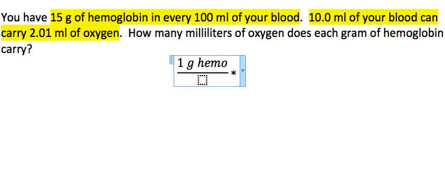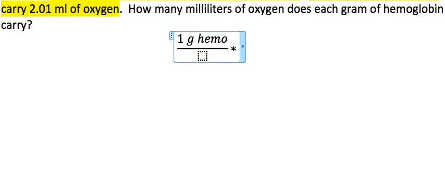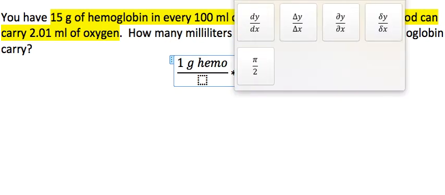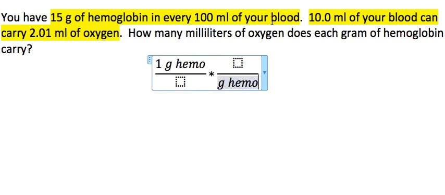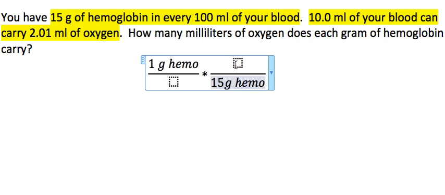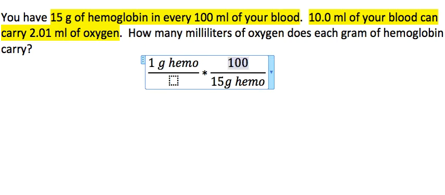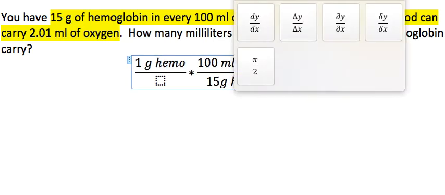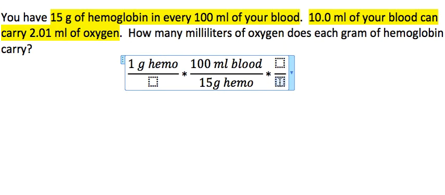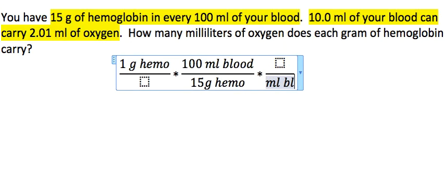All right, so I know that I want to get out of grams of hemoglobin. So that's what's going to be on the bottom, grams of hemo. And I'm going to look up here, and I've got 15 grams of hemoglobin in 100 milliliters of blood. So 15 grams of hemoglobin on the bottom and 100 milliliters of blood on top. Okay, next conversion factor. I want milliliters of blood on the bottom because that's what I'm trying to get rid of.